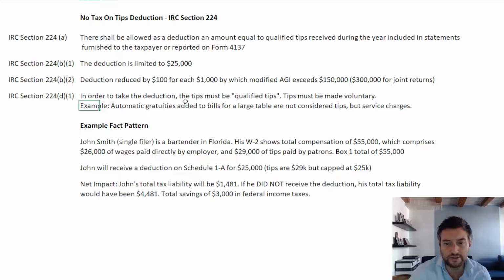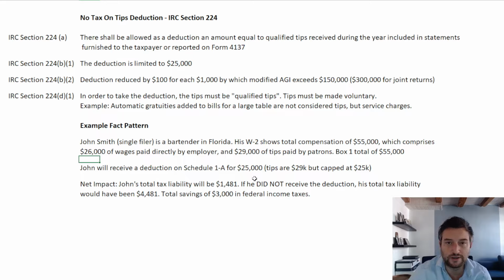Now, as far as the example here, in our fact pattern, we're going to have John Smith. He is a single filing taxpayer. He's a bartender living and working in Florida. And his W-2 shows total compensation of $55K, which comprises two components, right? So it's $26,000 of wages that was paid directly by his employer.